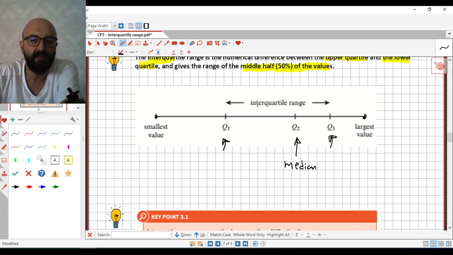If we subtract Q1 from Q3, we can find the interquartile range, the middle half of the values, for example 50%.